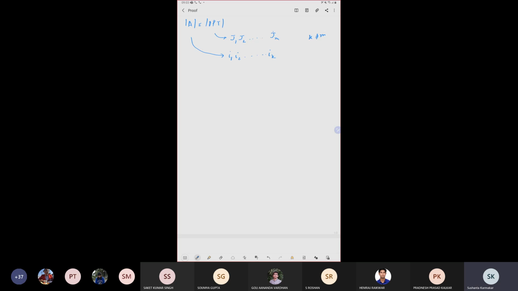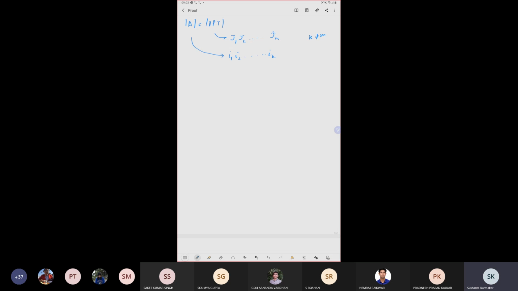So how do we do that? First we ask ourselves this question: can the greedy algorithm's rth interval, let's say any rth interval, finish later than the same in the optimal algorithm?